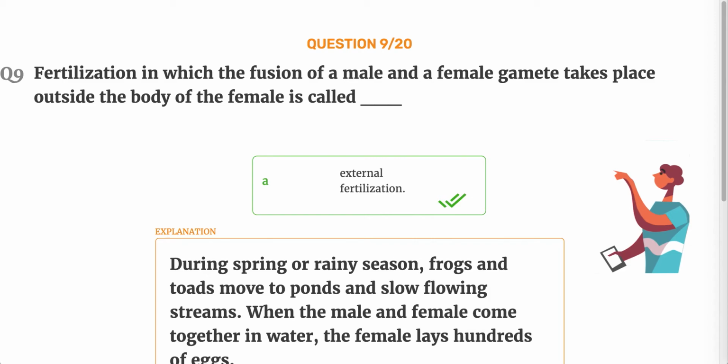The sperms come in contact with the eggs. This results in fertilization. This type of fertilization in which the fusion of a male and a female gamete takes place outside the body of the female is called external fertilization. It is very common in aquatic animals such as fish, starfish, etc.